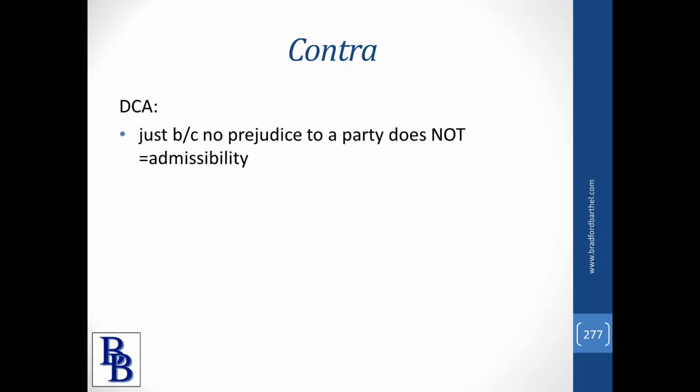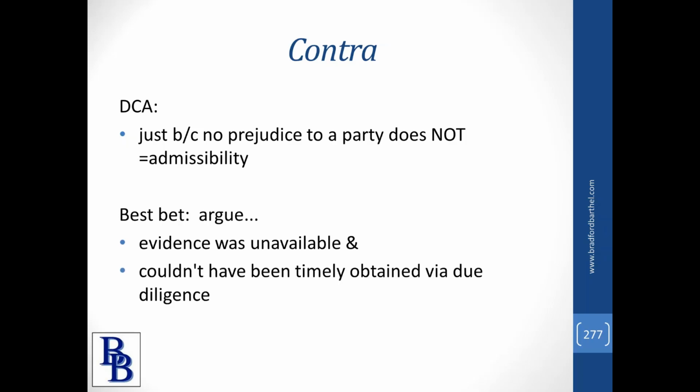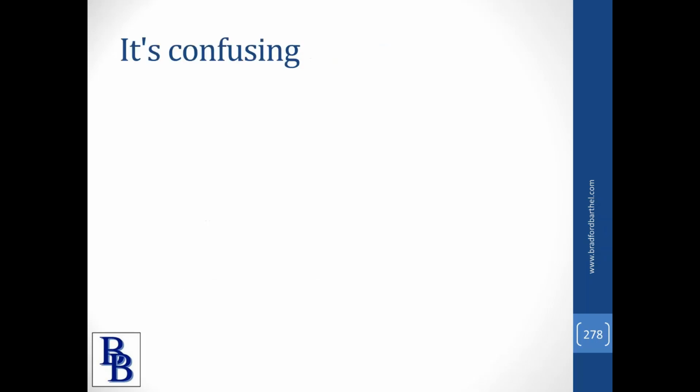The District Court of Appeals said, nope. The ruling isn't just because there was no prejudice to the opposing party. That does not mean that the subsequently obtained report is going to be admissible. Now, I could imagine this case going the other way. The best bet, if you're facing this situation, is to argue that the evidence was unavailable and couldn't have been obtained timely via due diligence.